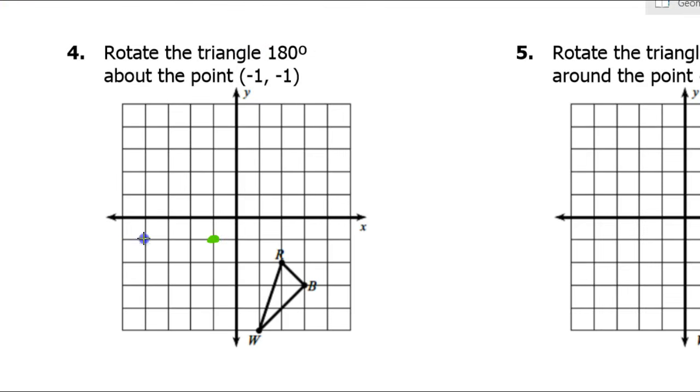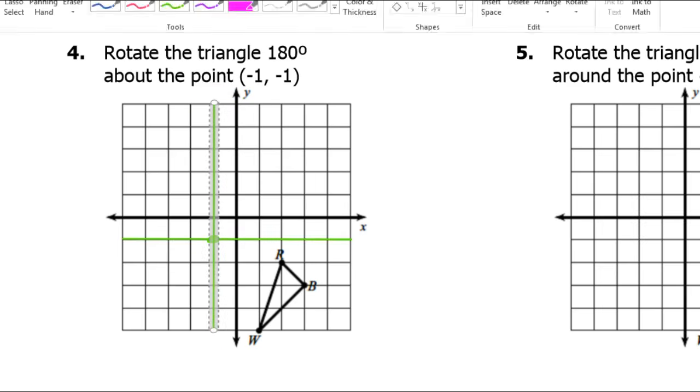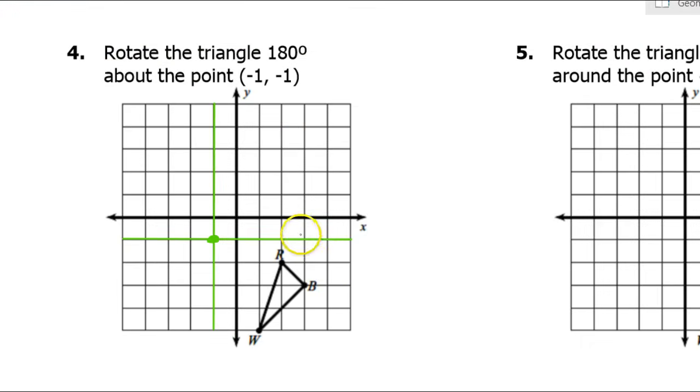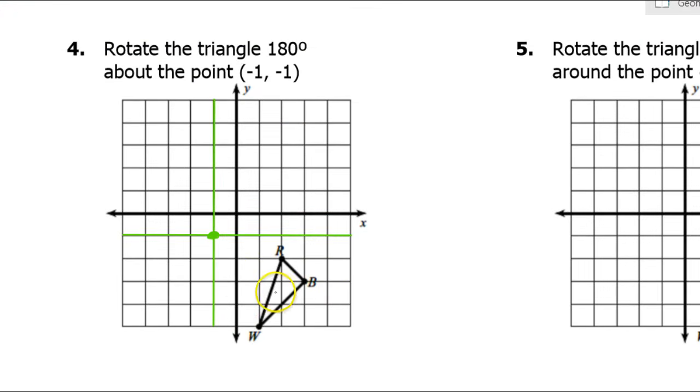So we're going to have a new x-axis and a new y-axis. Okay, so based on the new x-axis and y-axis, what are the coordinates of these points?